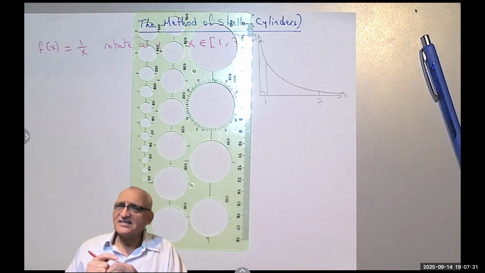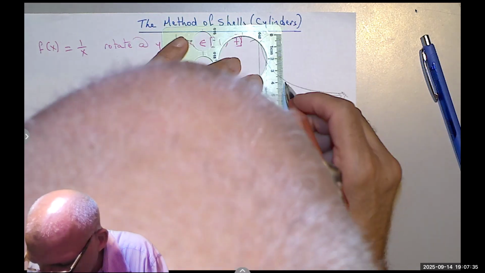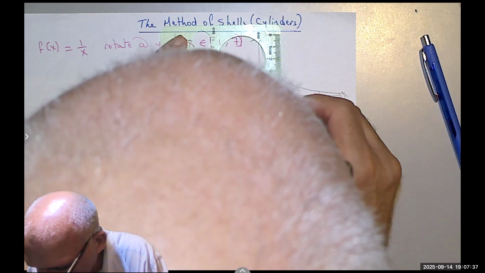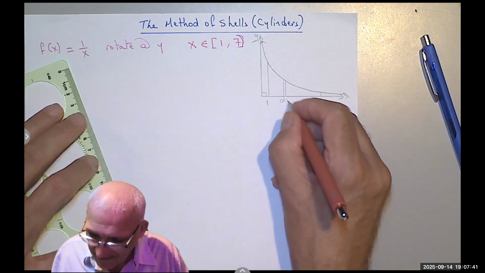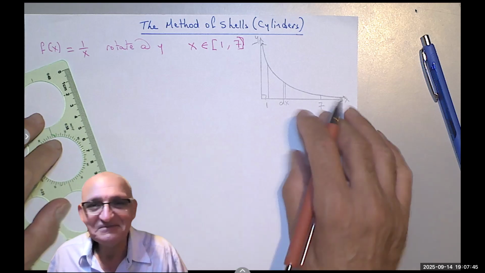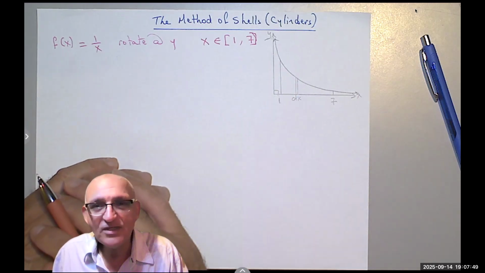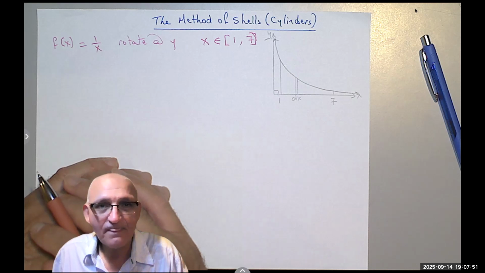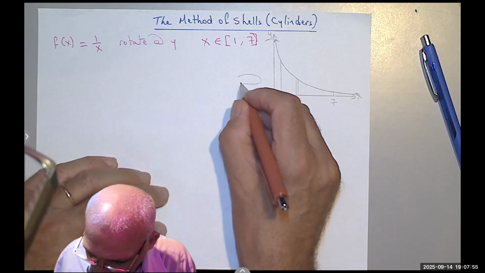But in this case, I'm going to take a vertical strip of width dx, even though I'm rotating about the y. Why? Good question. When I rotate this about the y, what will I generate? I will generate a cylinder. Look at that.